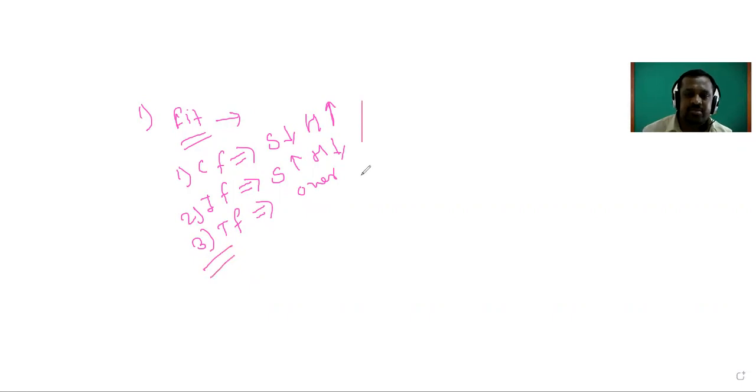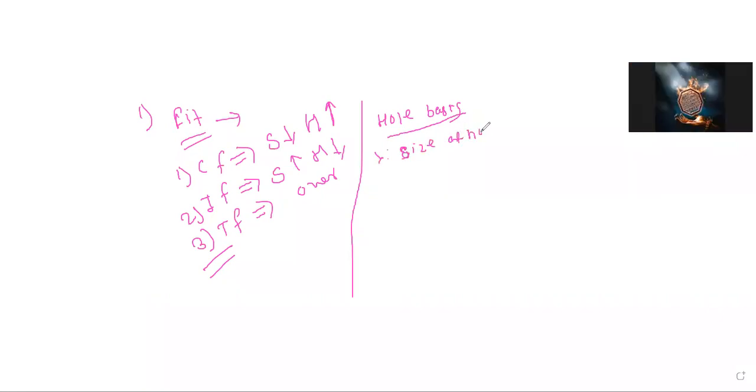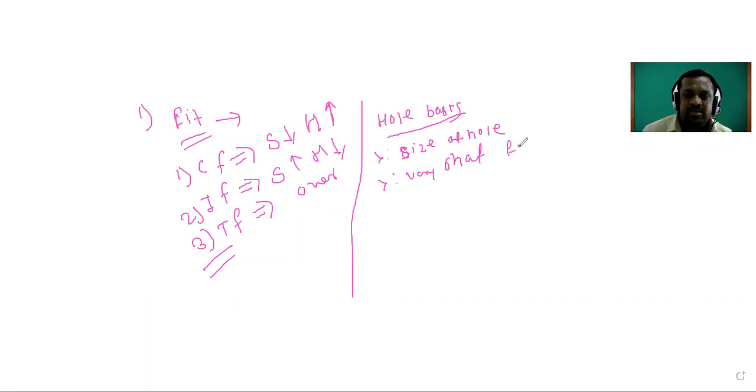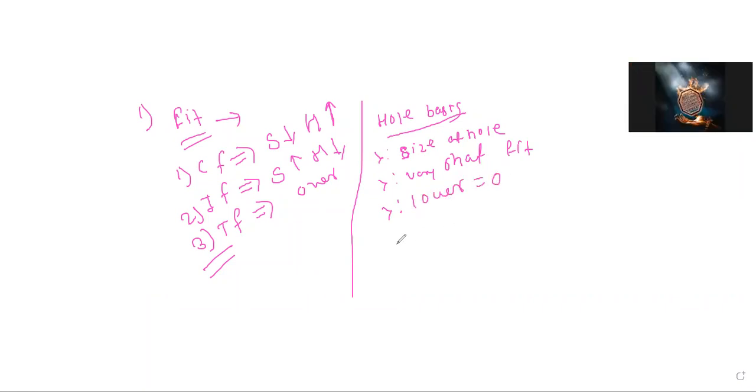Then we have seen the hole basis system and the shaft basis system. In the hole basis system, we are fixing the size of the hole, and we are varying the size of the shaft to achieve the various fits. An important point is that in the hole basis system, the lower deviation should be zero.